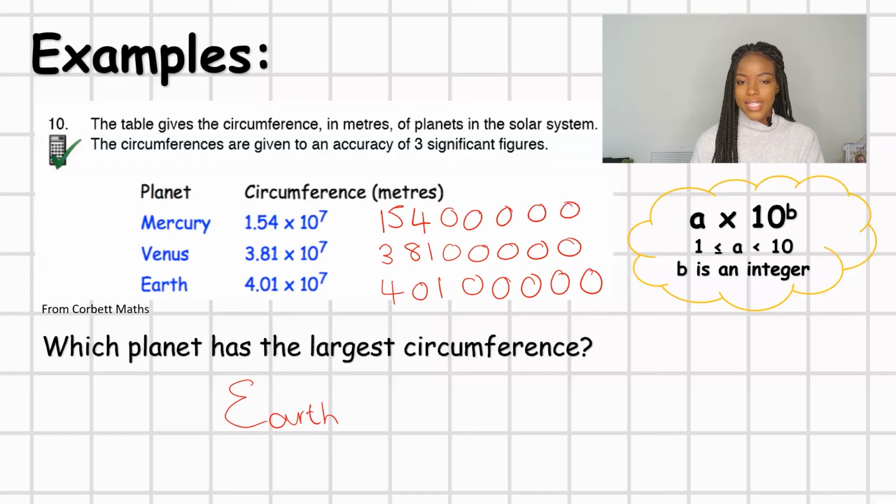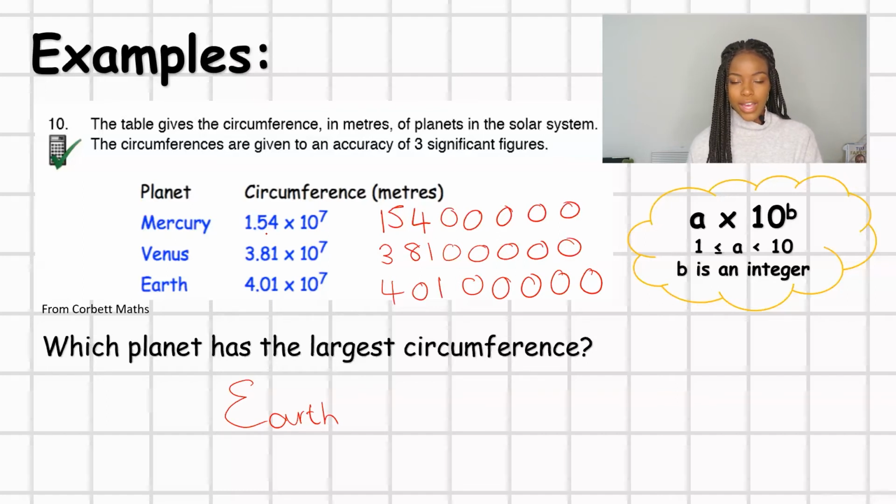But one thing that really stands out to me with this is the fact that for me, it's a lot harder to compare the numbers when they're this long. I would rather look at this and see that, okay, all of the numbers are between 1 and 10.